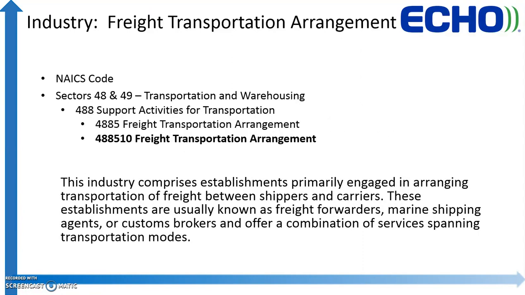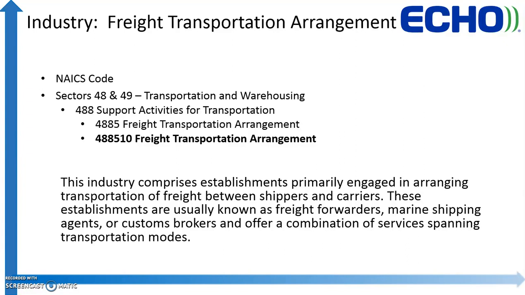As far as the NAICS code, they're in sectors 48 and 49, transportation and warehousing. Specifically 488, support activities for transportation, then 4885 is freight transportation arrangement, and the final 6-digit is 488510, freight transportation arrangement. Again, this comprises establishments primarily engaged in arranging transportation of freight between shippers and carriers, usually known as freight forwarders, marine shipping agents, or customs brokers, and they offer a combination of services spanning the transportation modes.